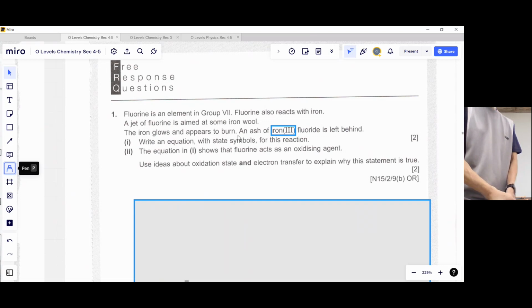Electron gain and loss is not commonly tested. Check everything carefully.